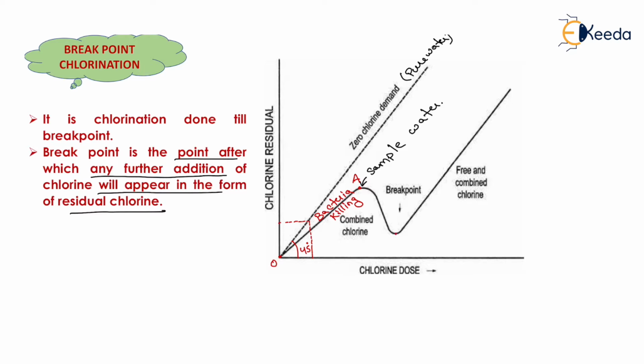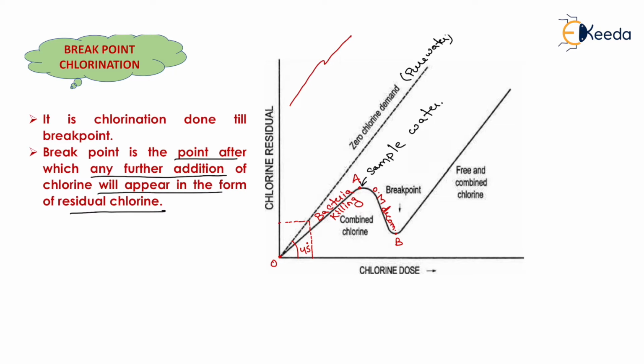From A to B, the organic matter which is present in the water will decompose due to chlorination. Now this graph comes suddenly down for a very short duration, like this. For a very short duration, organic matter decomposition will be there.